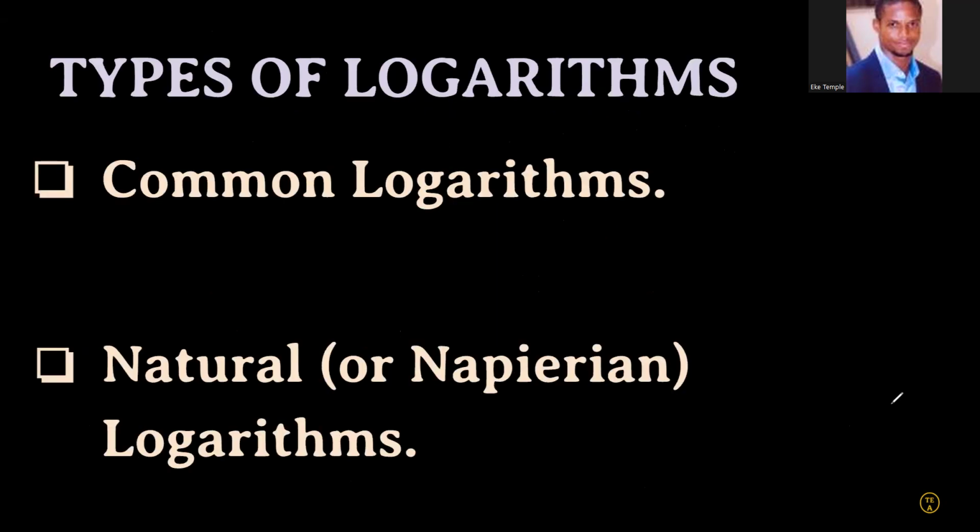Now we have the types of logarithms. We have the common logarithm. Common logarithms are logarithms written to base 10. For example, the logarithm to base 10 of the number 2 is a standard value from our table of logarithms, 0.3010.